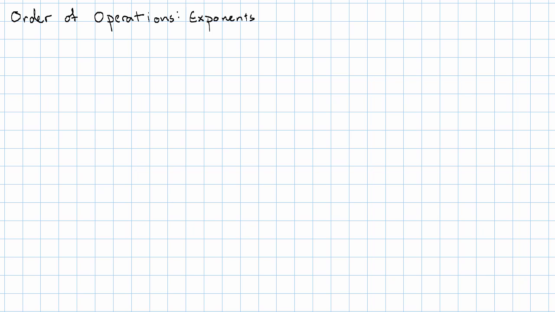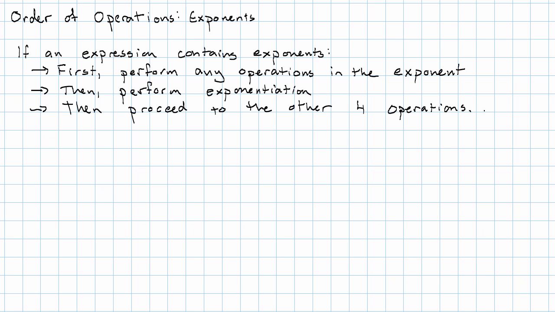And the answer is, exponents happen first. If an operation contains exponents, first we do any arithmetic that's actually written inside the exponent, then we perform the exponentiation, and finally we proceed to the other four operations.